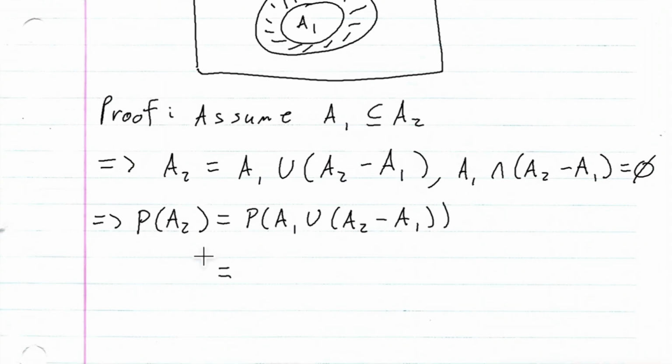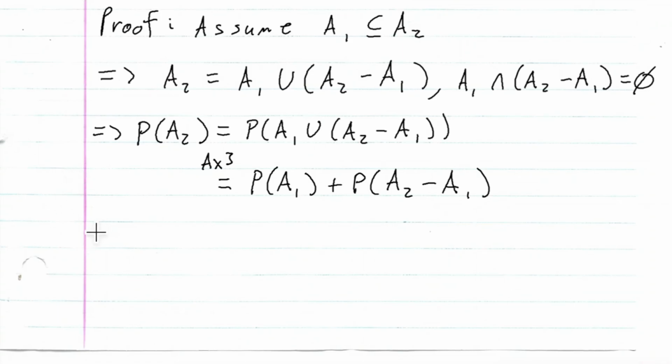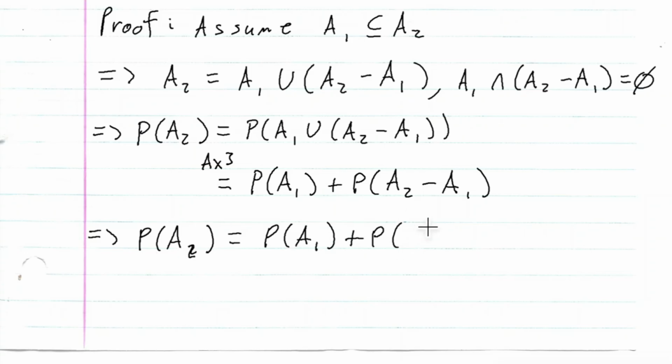So by axiom 3, this is the same thing as the probability of A sub 1 plus the probability of A sub 2 minus A sub 1. So now I have this equation right here: the probability of A sub 2 is equal to the probability of A sub 1 plus the probability of A sub 2 minus A sub 1.